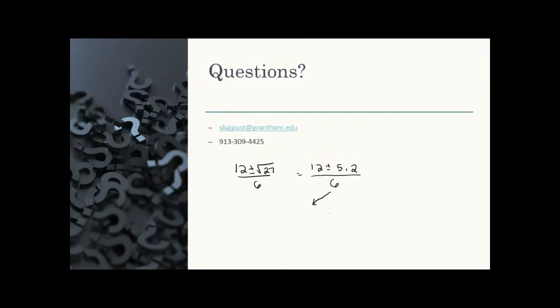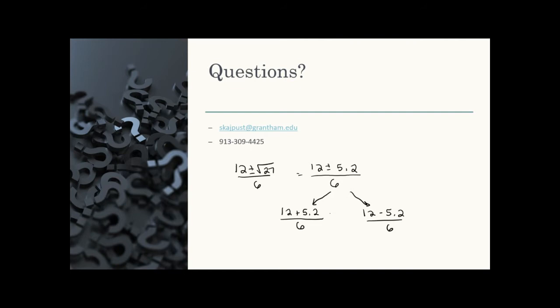Then what you would do is you would split up the plus part. So you'd have 12 plus 5.2 over 6, and then you would have 12 minus 5.2 over 6. And then you would need to do the addition and subtraction on the top.